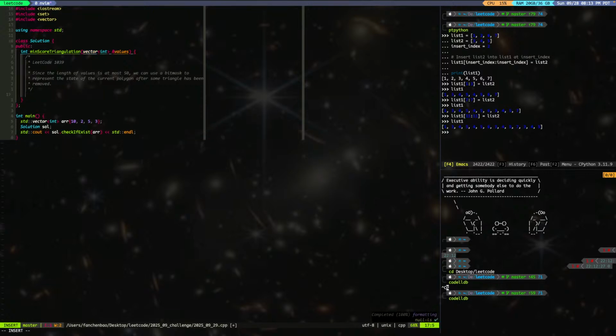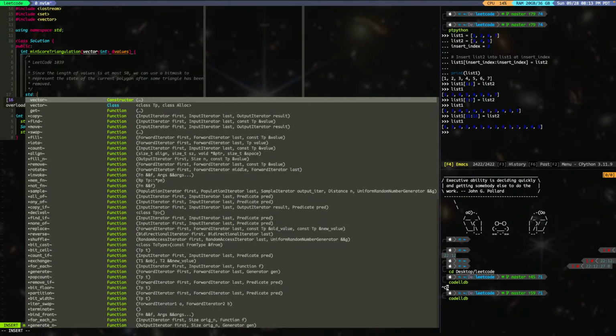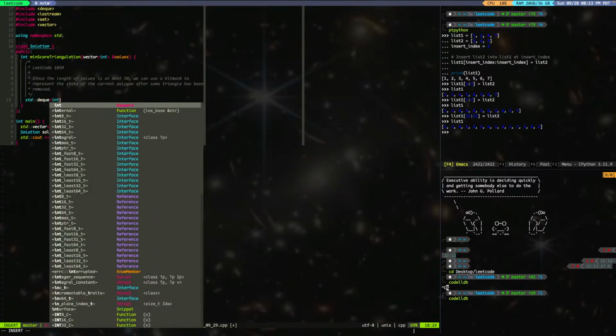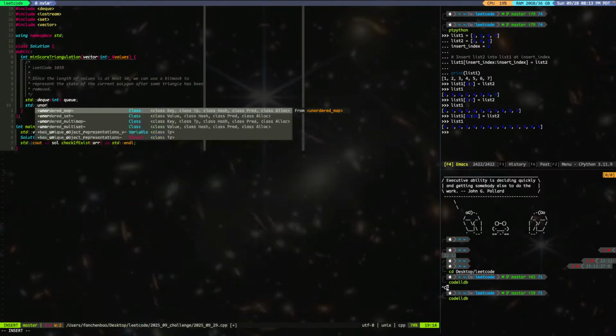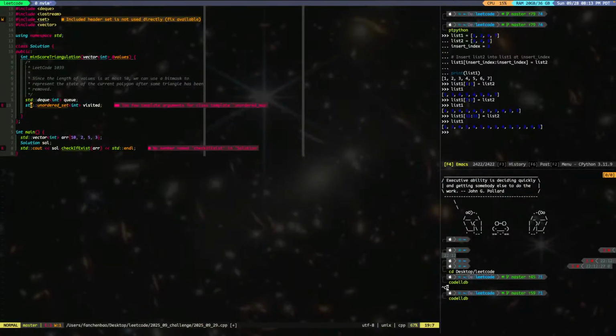So what we need, okay, I need a deque of int. So I need the queue, and I need an unordered set visited. All right, so these are the two I need.